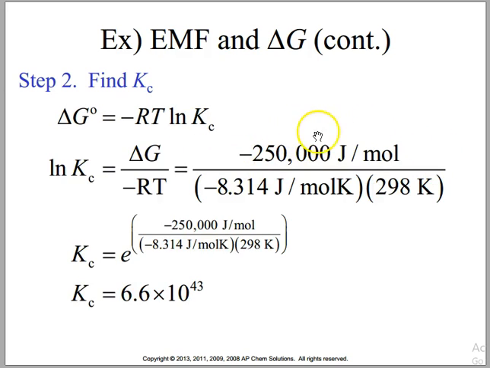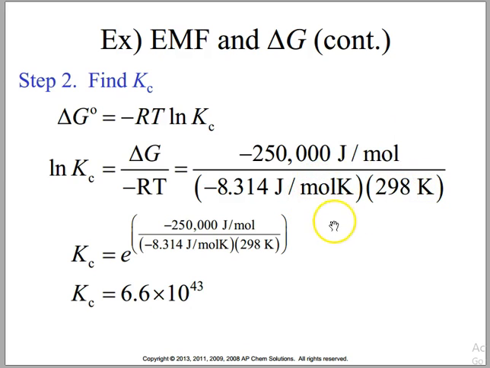We have delta G. We have our gas constant, the negative gas constant, and this is the 8.314 joules per mole times Kelvin. We're going to use that because that will allow all units to cancel.